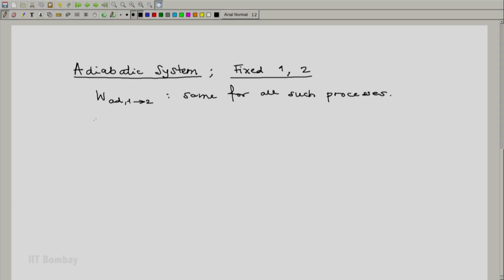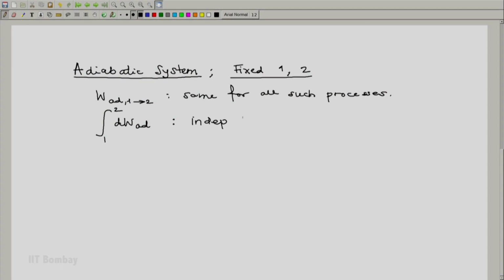If you write this in integral form, the integral from 1 to 2 of dW_ad, whether one can evaluate it or not (one can evaluate it if the process is quasi-static, but may not be able to if the process is non-quasi-static), is independent of the path.